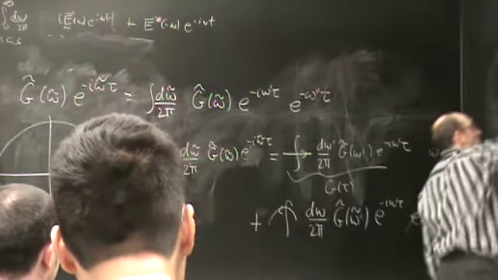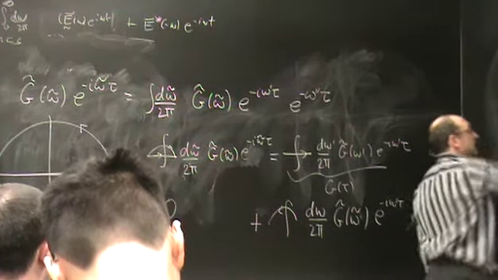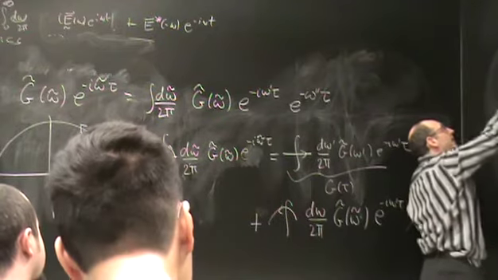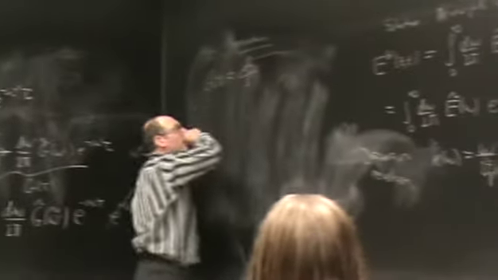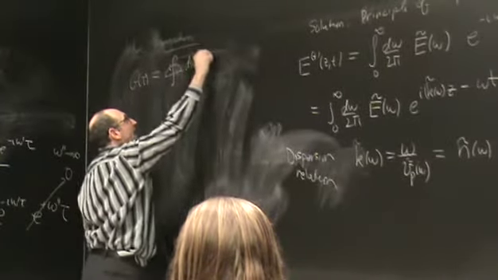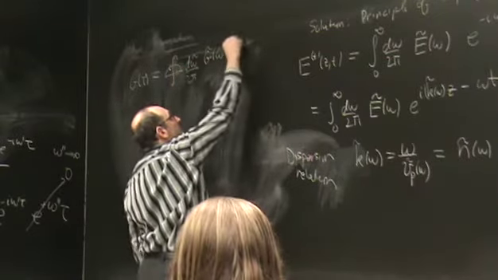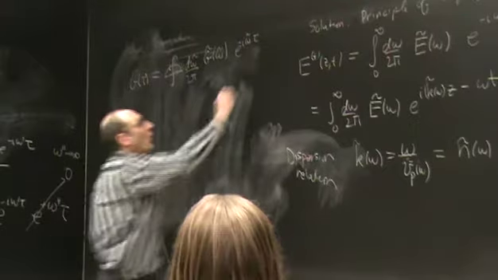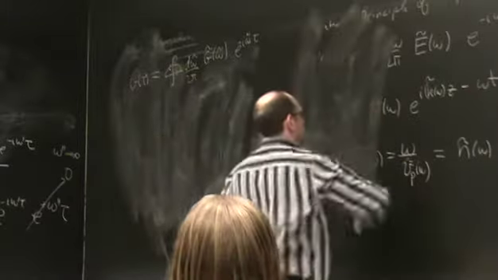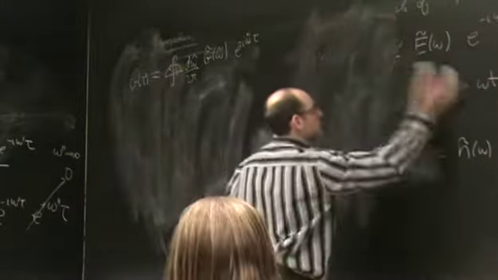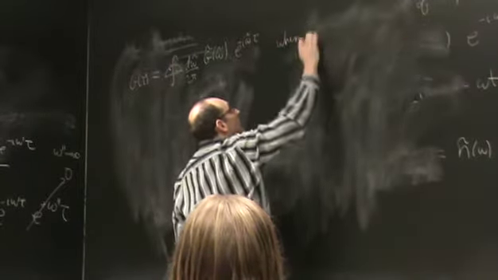So what we have here is the following. G of tau, the thing we want, is equal to the closed contour integral in the upper half plane of the analytically continued G, when tau is negative.